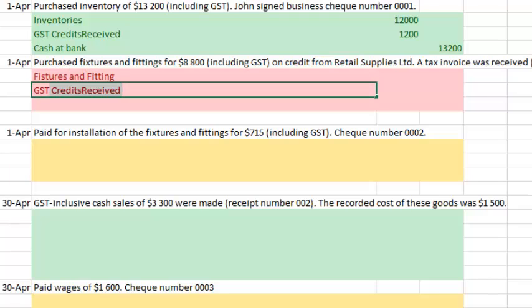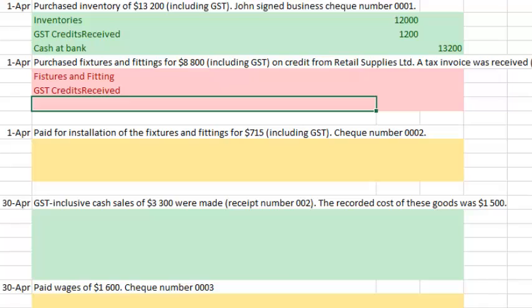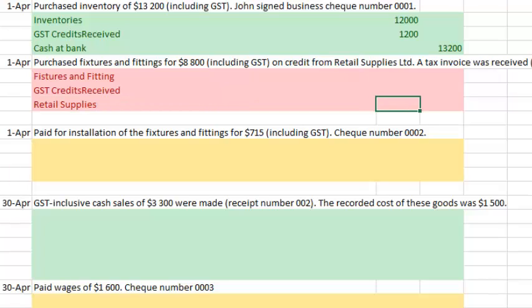In this instance, we bought it not for cash, but on credit from retail suppliers. So we have to pay that business, and it forms a liability. So let's put that in first. 8,800 I owe to retail suppliers.